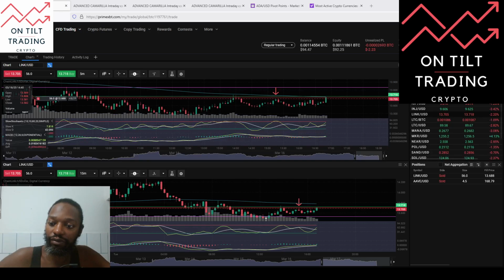My stop level is just above this candle here where I wanted to take an entry. Wanted to keep my stop tight just in case this thing wanted to come back up here on me. But we'll see how it goes.